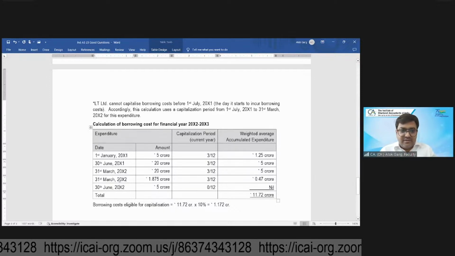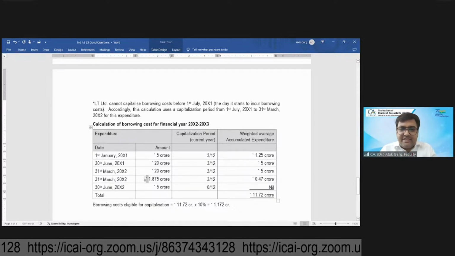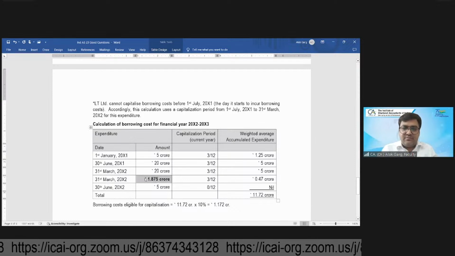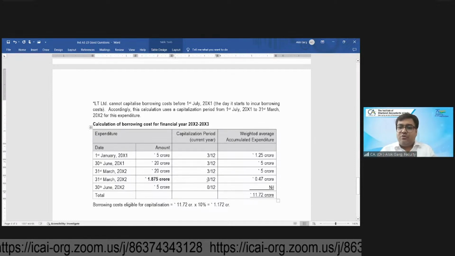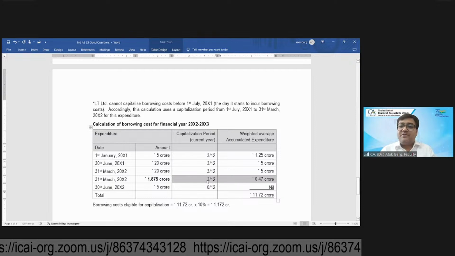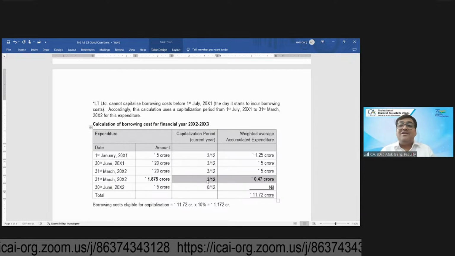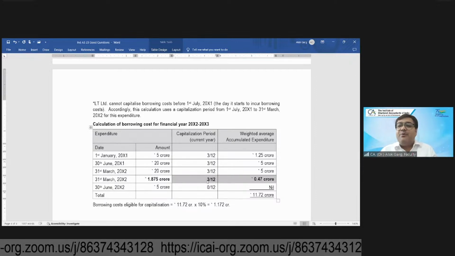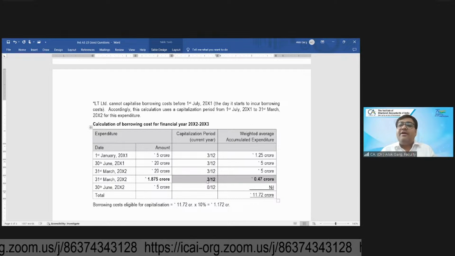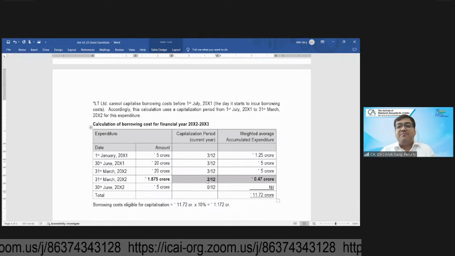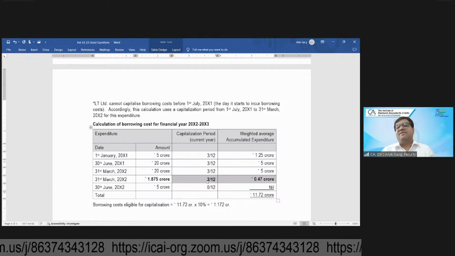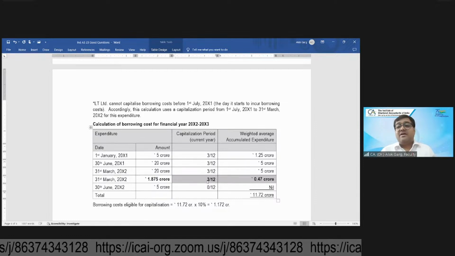Correct? Sir, why is this 1.875 crore also used for the purpose of weighted average accumulated expenditure? I am computing weighted average accumulated expenditure for the construction of this asset.